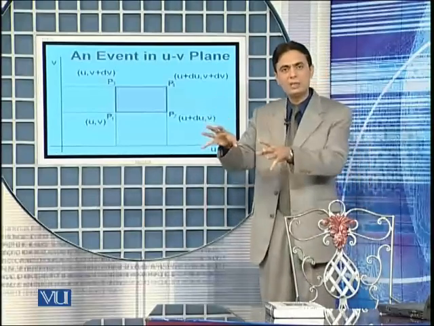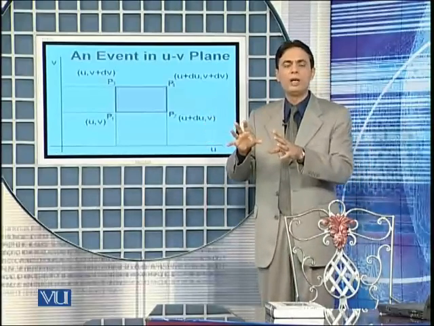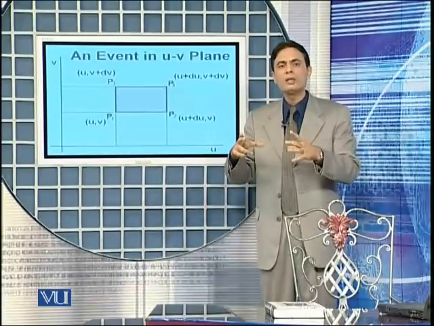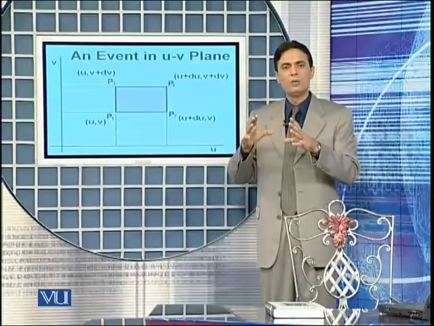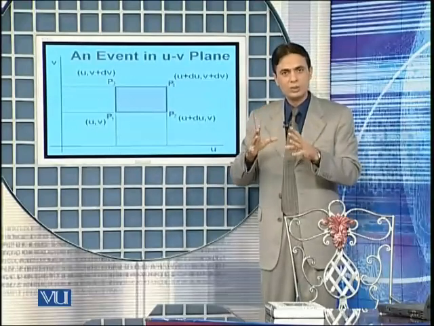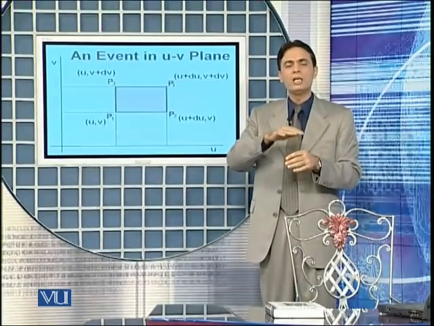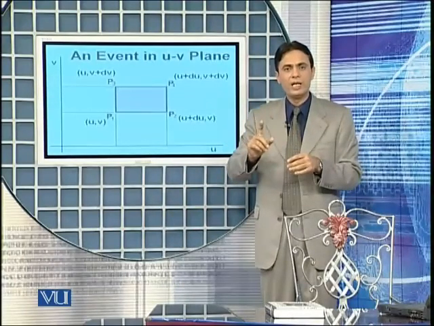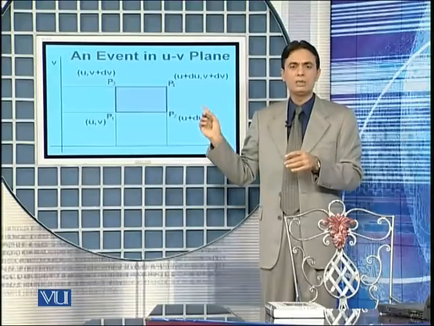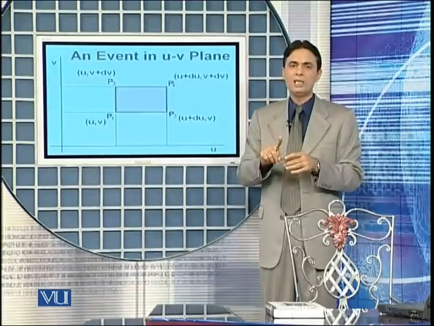So the reverse images of these 4 points will be the 4 corner points of the region on the xy plane, which is to be used for integrating the joint PDF of x and y to find the probability of this event, which should be the same.